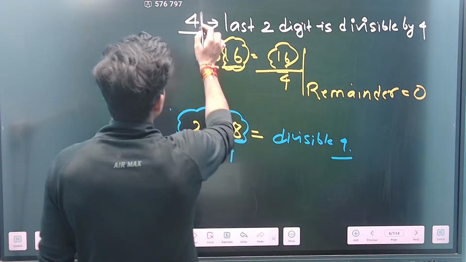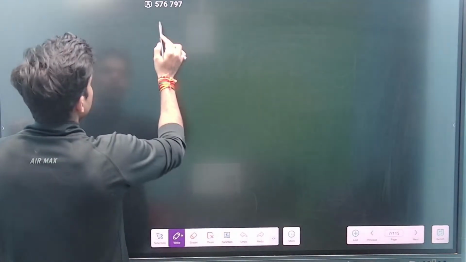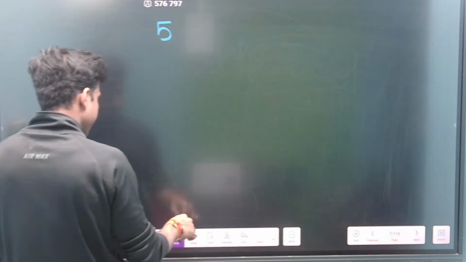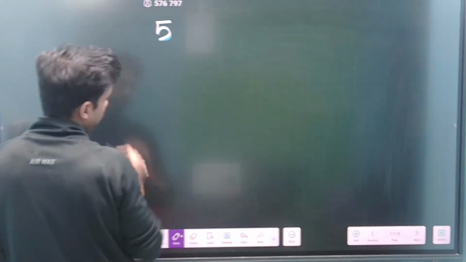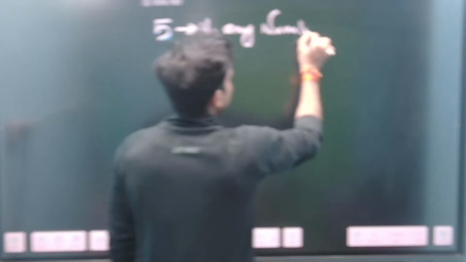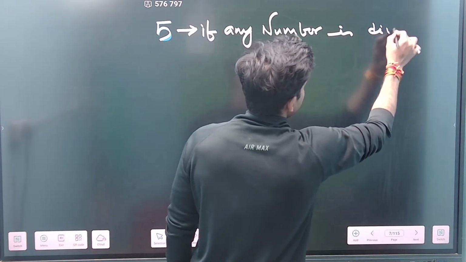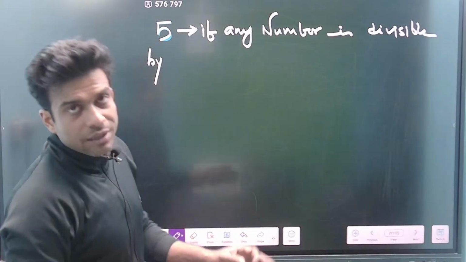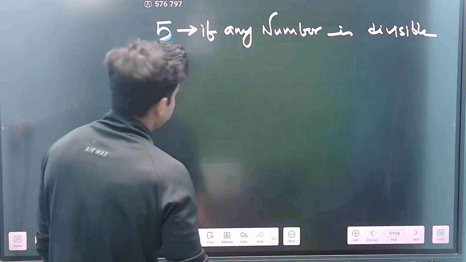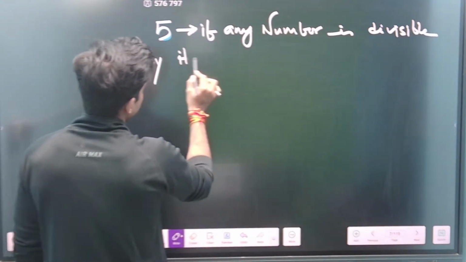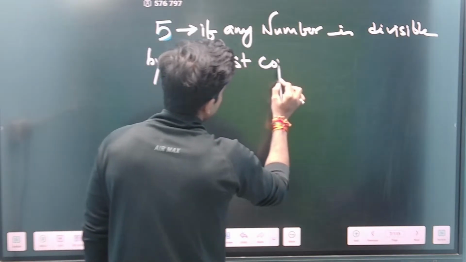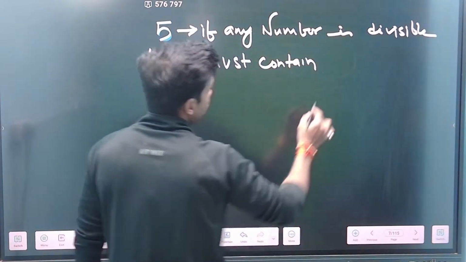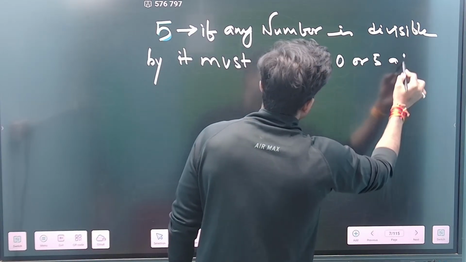So this is for 4, everyone. Now if I come to 5, if any number is divisible by 5, you can write it down: it must contain 0 or 5 at the unit place.